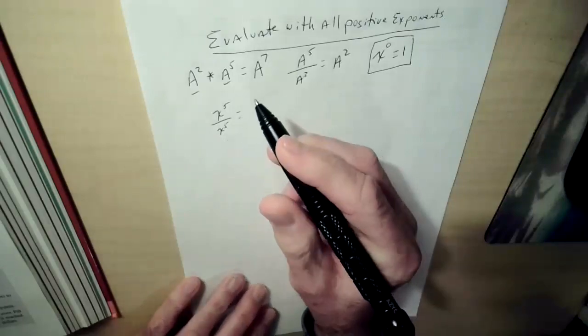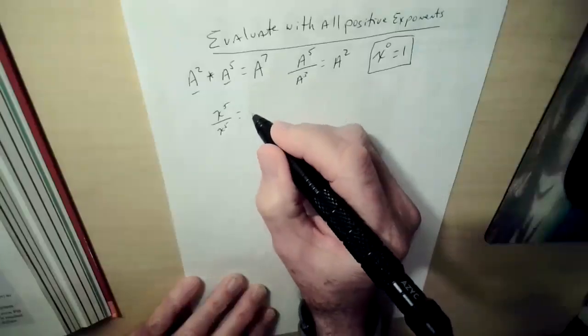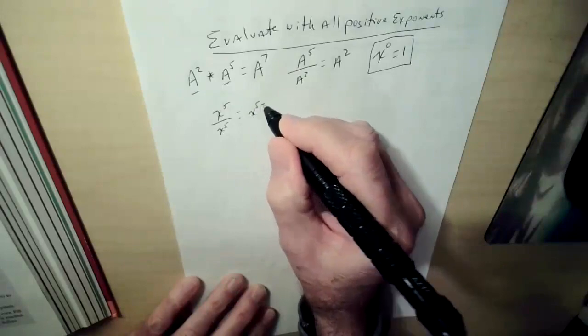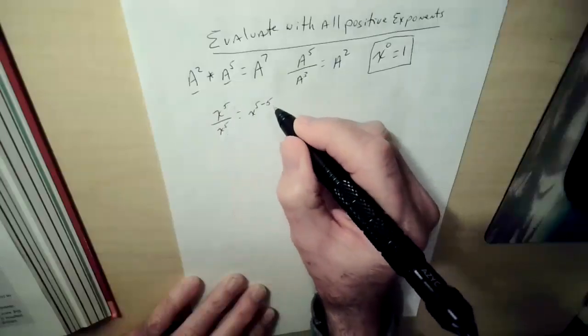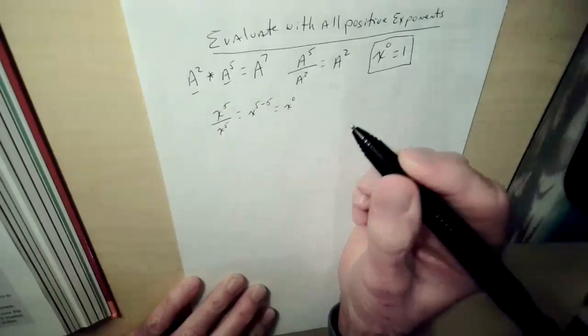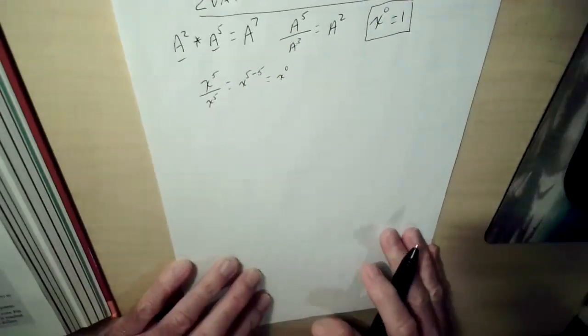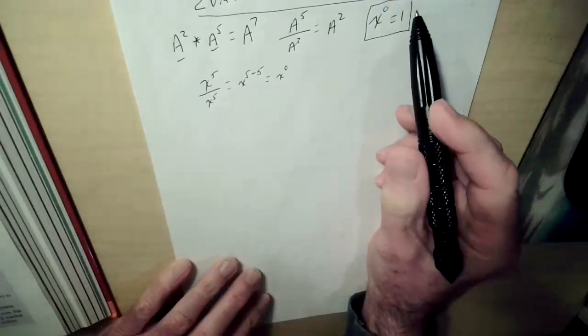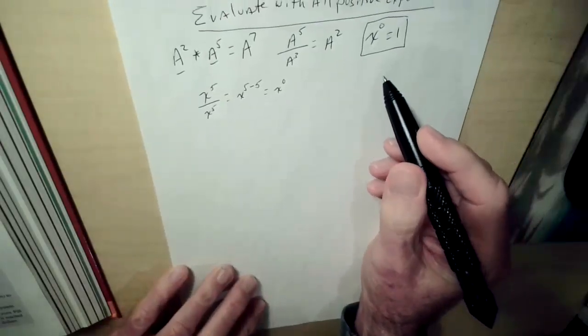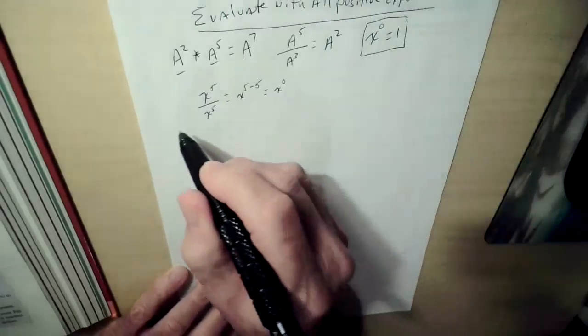Right. Or we can say it's x to the 5th minus 5, and 5 minus 5 is 0, so that's x to the 0 power. I hope that makes sense. You're going to just have to remember this because when you first look at it, you think that it's 0. Well, it's not. The number to the 0 power is 1.